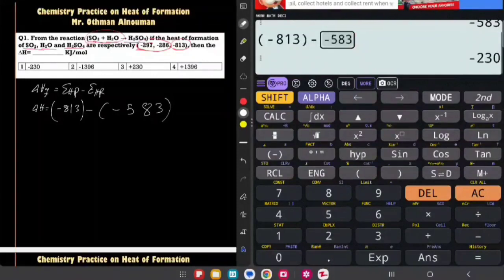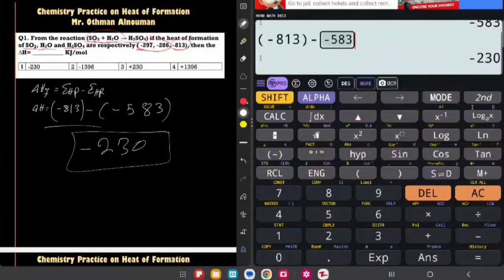So when we do negative 813 minus negative 583, that would be negative 230, which is choice number 1, and this is the answer.